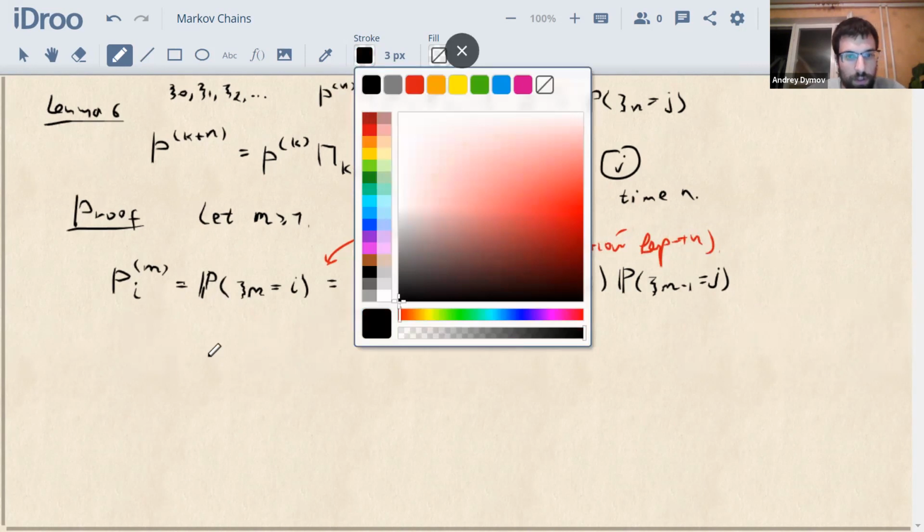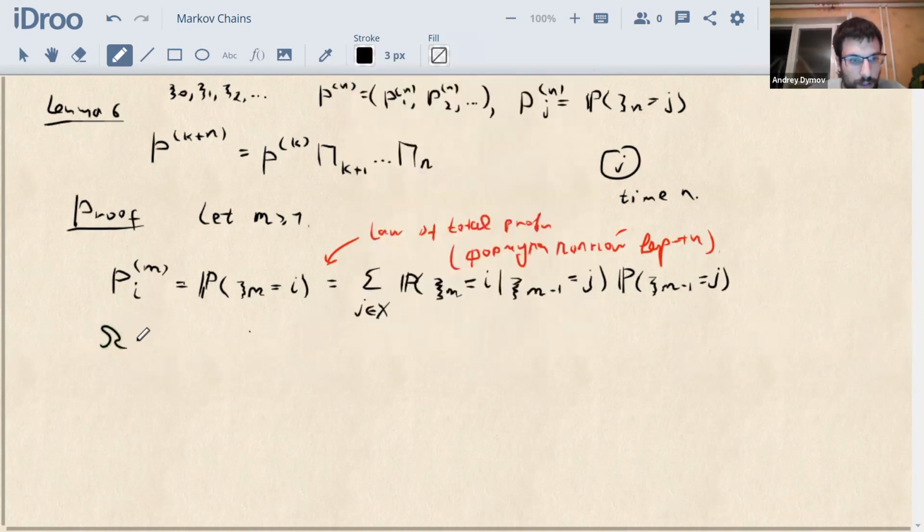Because my space of elementary events can be represented as a disjoint union over all j from my state space X of events of such form: the event consists of those elementary events on which the random variable xi m minus 1 takes value j.